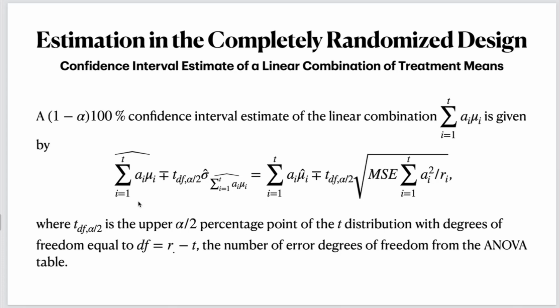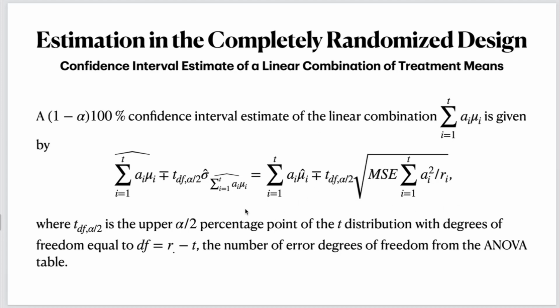We have expressions for that on the previous slide, and we also have the expression for this point estimate. It's the linear combination of the point estimates of the treatment means. So we have that as our starting point, and then we go a distance to the left and to the right equal to the margin of error, which is equal to this product.